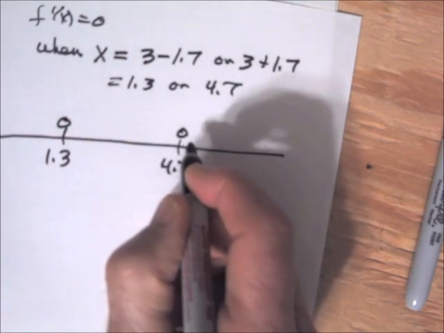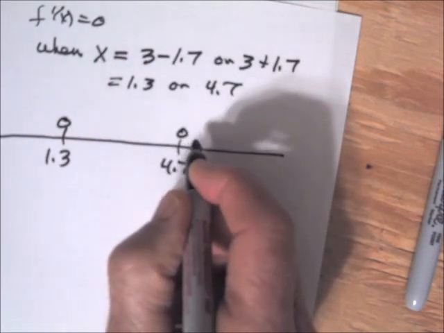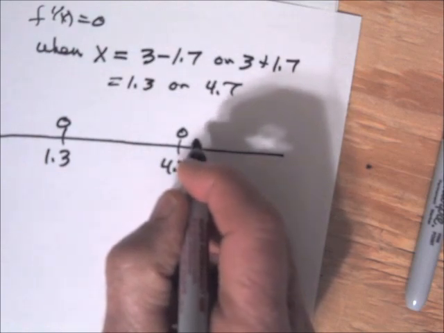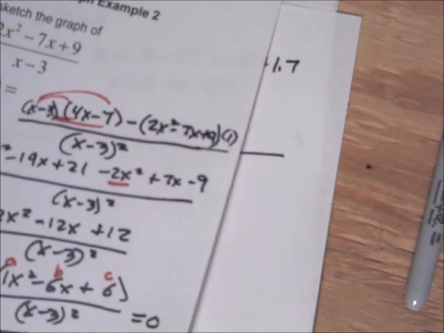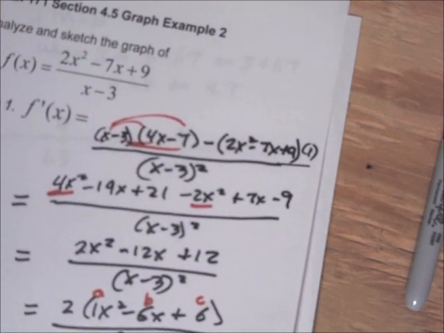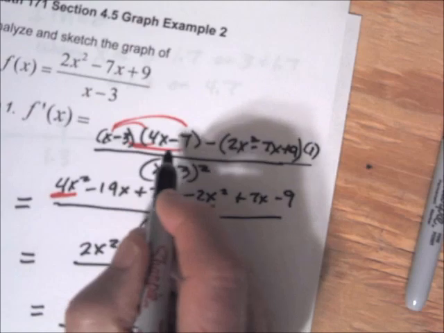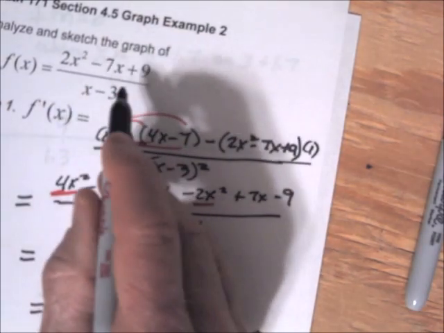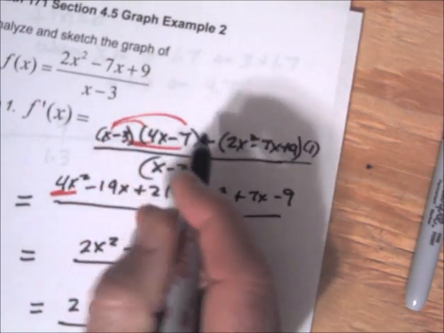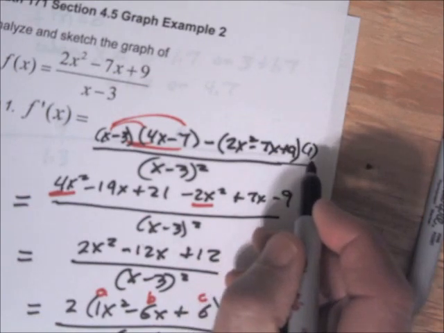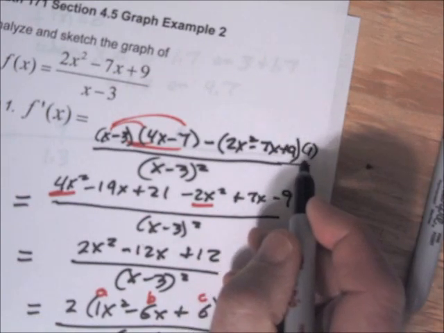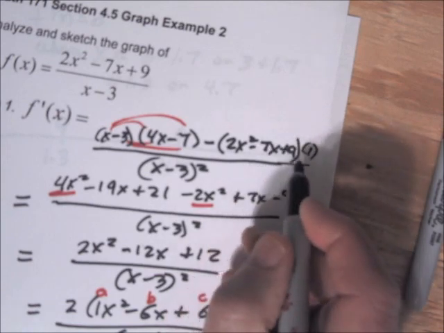So if we just double check my work here. So we have the derivative of the numerator, 4x minus 7, and minus the numerator times the derivative of the denominator, which is 1.